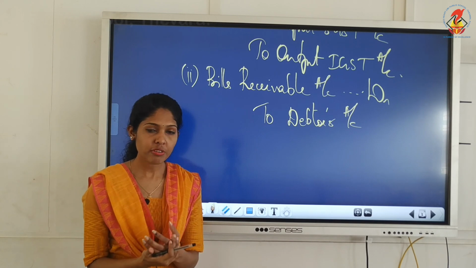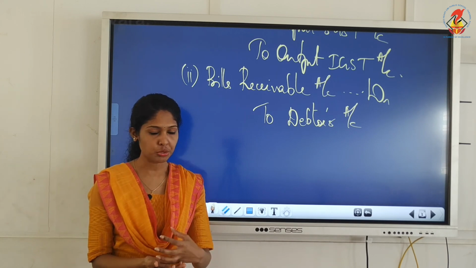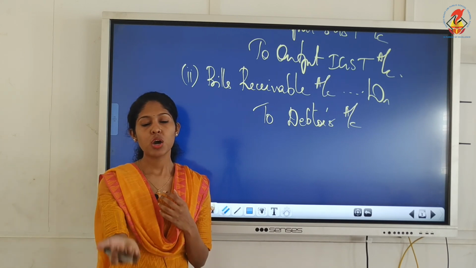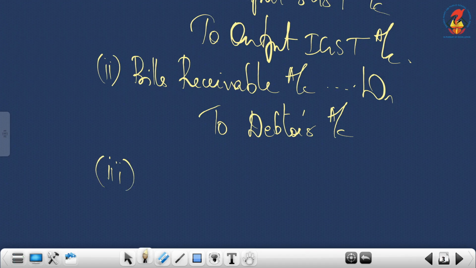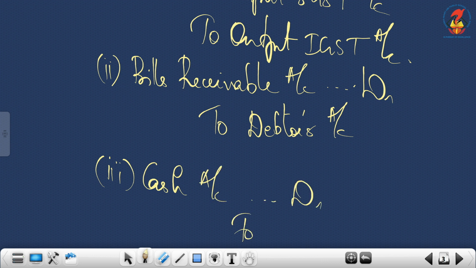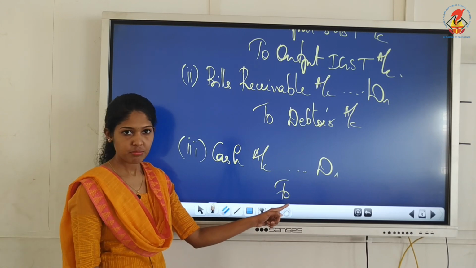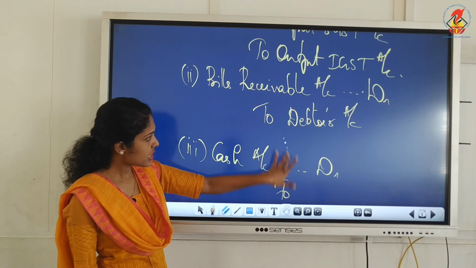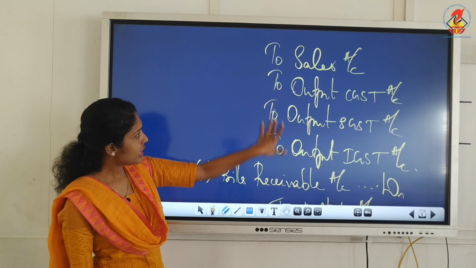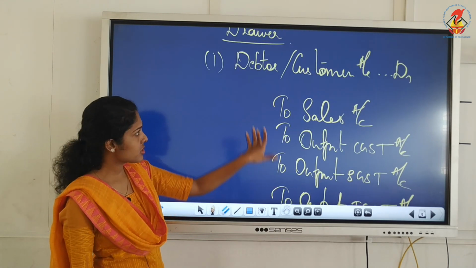Now on the date of maturity or on the due date, what will happen? Rahul will give us the amount. That time what will be the journal entry? It will be cash or bank account debtor to. Will you write Rahul's name? No, debtor already you closed. See, debtor here we debited first, in the first journal entry.